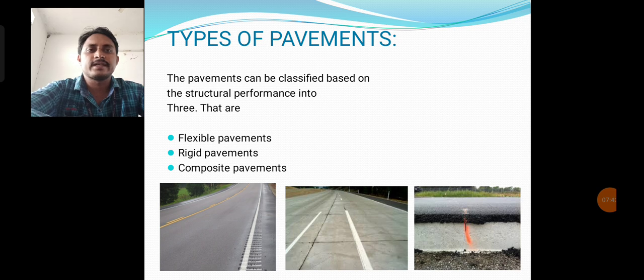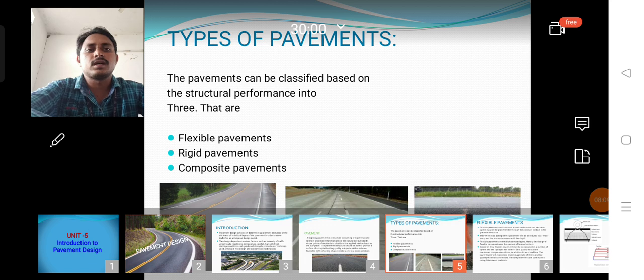Rigid pavement is the second diagram, and the example for rigid pavement is the CC road. Then the third diagram is composite pavement. Composite pavement is nothing but two or more materials. If you use two or more materials, it is considered a composite pavement.